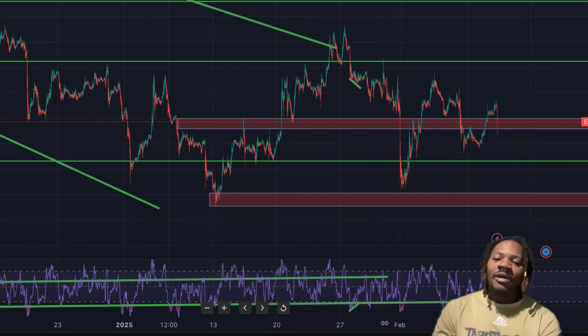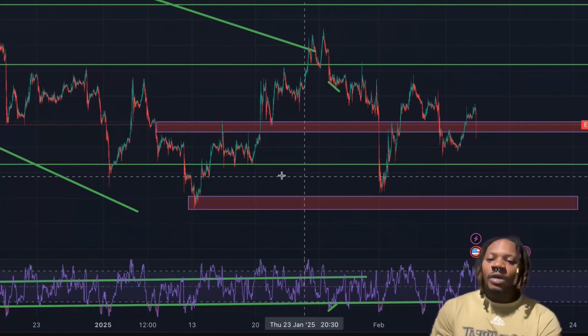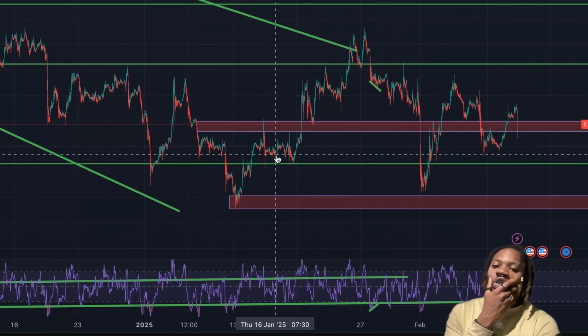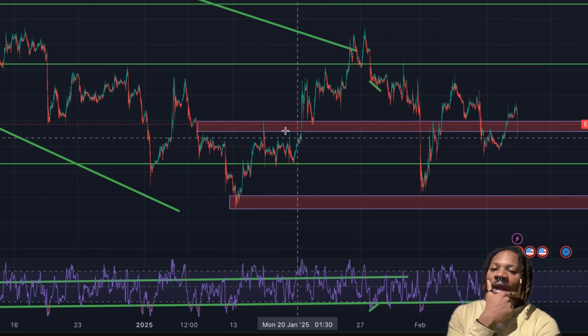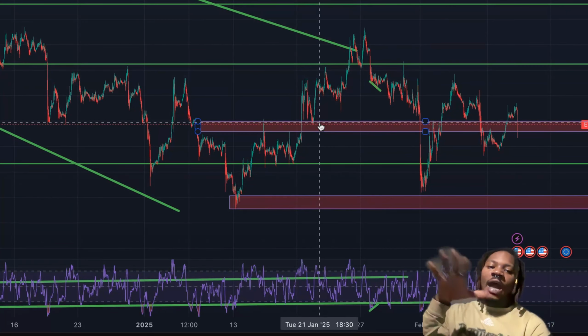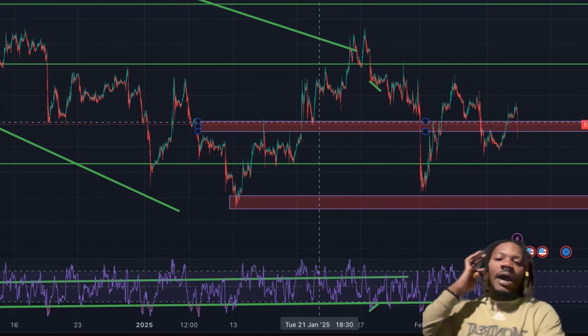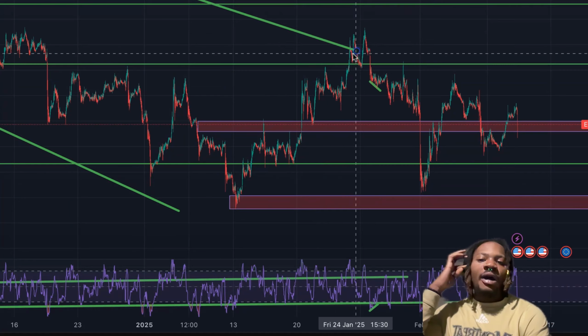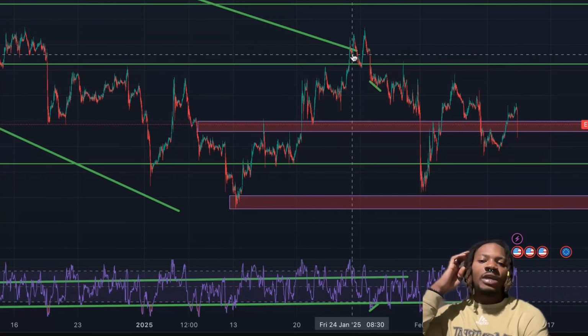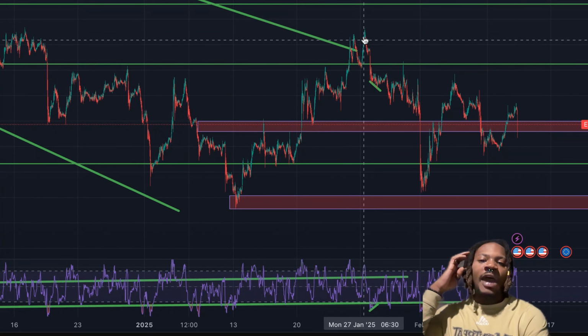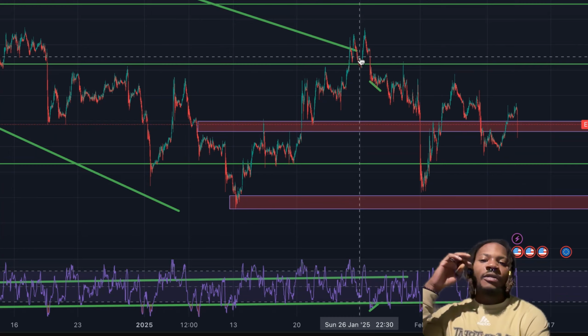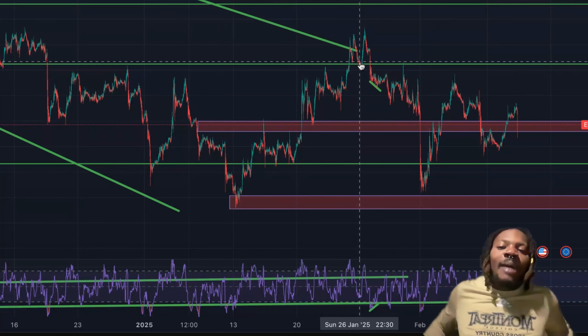So we took an initial trade on this pullback here. I did take an initial buy, and I took profit right around here. After we dipped, I took profit because I thought, okay, that's choppy price action.